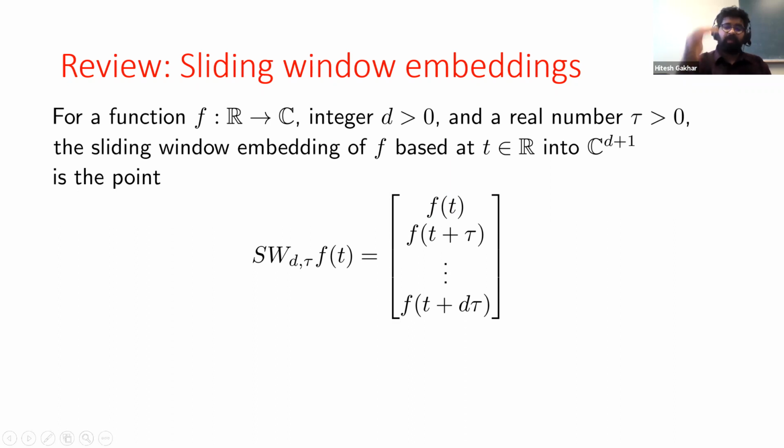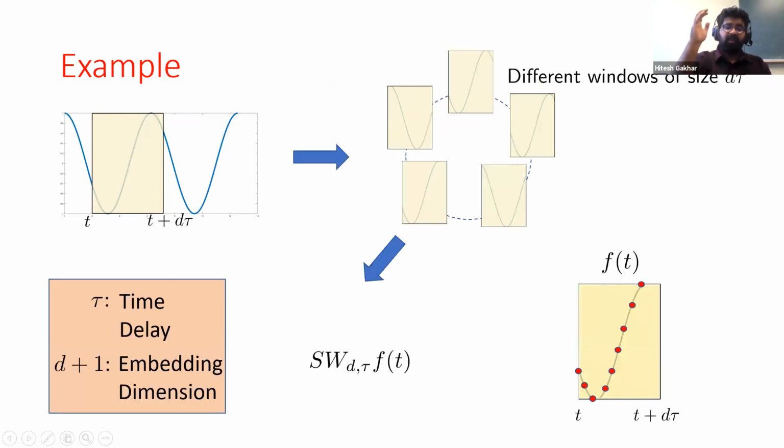What you're doing is you have a function, you're putting a window over it, and you're taking a snapshot. As you move your snapshot, you get a varying portrait. If the function is continuous, your movement is continuous, and your portraits change continuously. If the function is periodic, eventually you're going to start repeating the portraits.